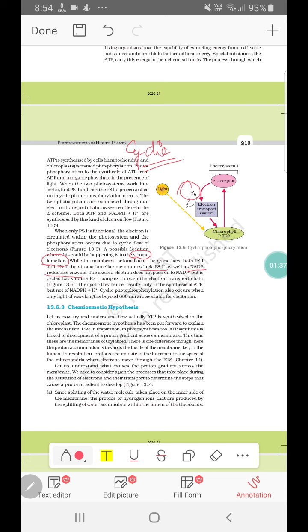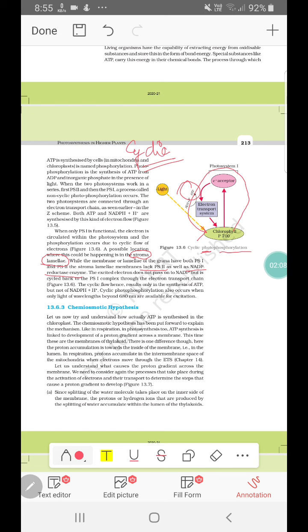And again, because of the difference in redox potential, the electron is given back to chlorophyll P700. So this is one cycle which starts with this molecule and ends again on the same molecule. That is why this process is called cyclic photophosphorylation. Photo, in the presence of light; phosphorylation, because in the presence of ADP plus one phosphate, ATP is formed.